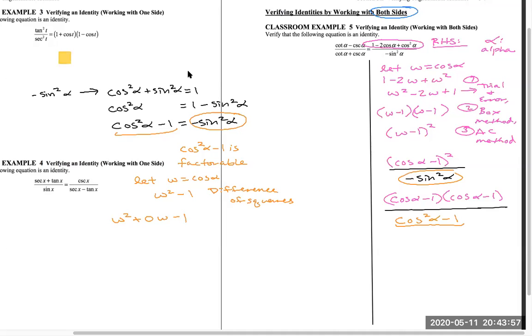But you don't have to do that if you remember your difference of squares formula. So this comes out to W plus 1 times W minus 1. Remember, W is cosine alpha.